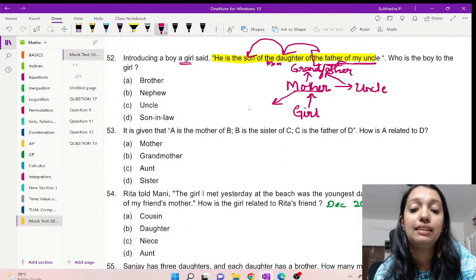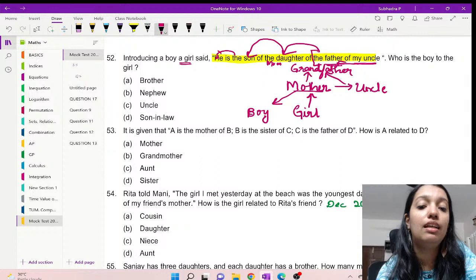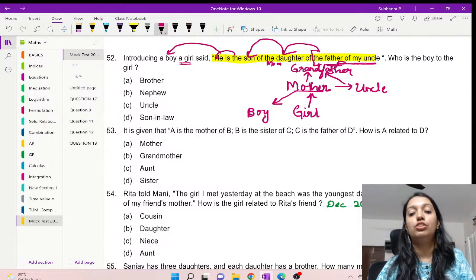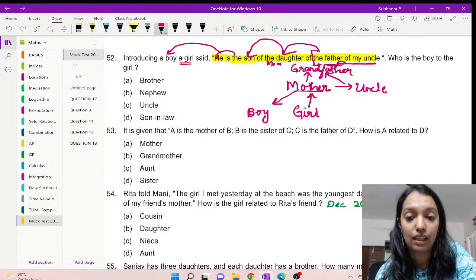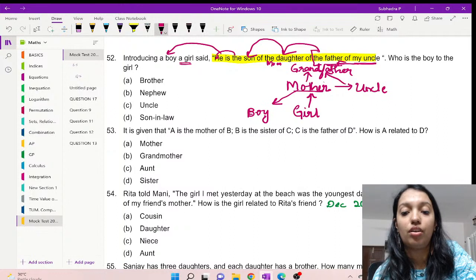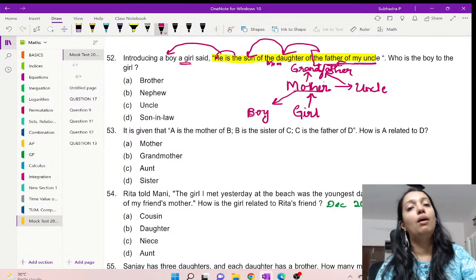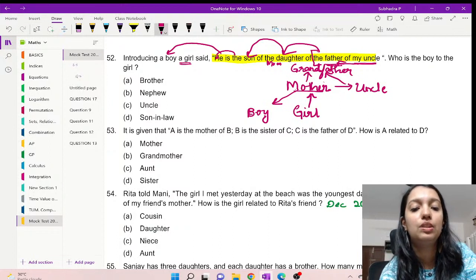My mom has a son. He is this boy. The girl is introducing a boy, correct? So introducing this boy, the girl says he is son of daughter of father of my uncle. My uncle's father, grandfather's daughter is mother. Mother's son is this boy. My mother's son is my brother. So the correct answer for this question is brother.